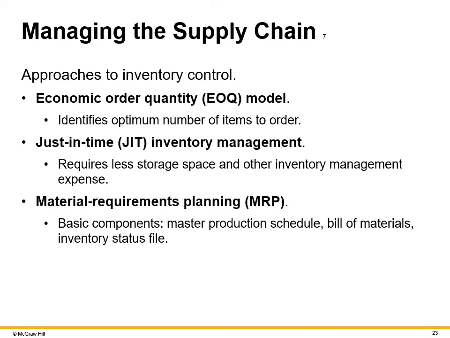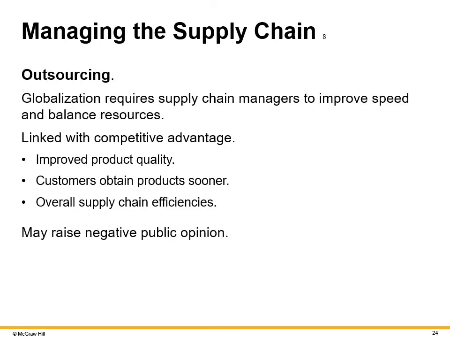Globalization has put pressure on supply chain managers to improve speed and balance resources against competitive pressures. Outsourcing has increasingly become a component of supply chain management and operations. It refers to the contracting of manufacturing and other tasks to independent companies, often overseas.